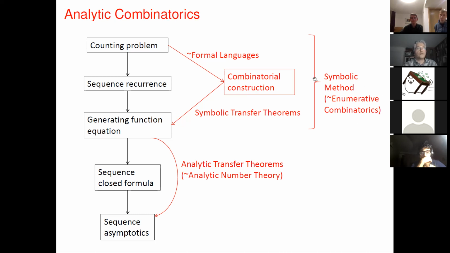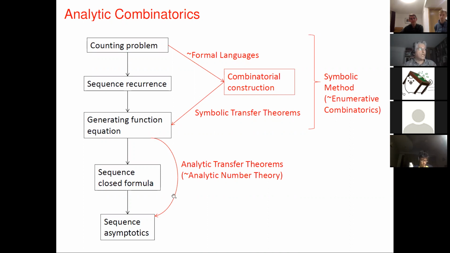Then in enumerative combinatorics, they have all these symbolic transfer theorems, and then the use of complex analysis, similar to what is done in analytic number theory, because there again, the generating functions are seen as complex valued functions, and they apply all these theorems from complex analysis.